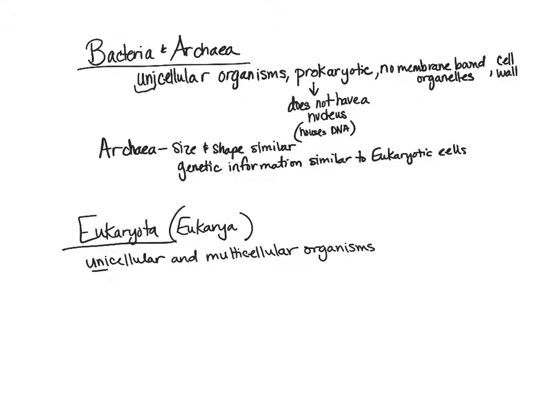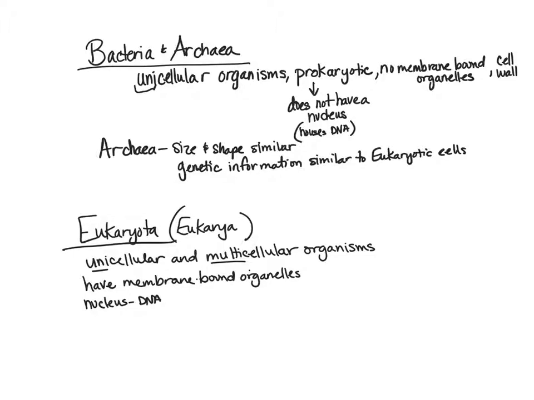And then multicellular, meaning many cells, would be something like plants or animals. We do have membrane-bound organelles. We also have a nucleus. We already mentioned there's a nucleus that houses and protects the DNA. It's an additional membrane that holds onto and protects the DNA.